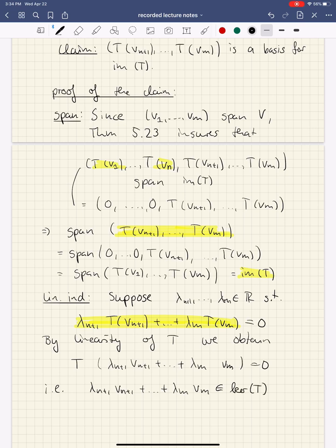Okay, now we're almost done. Now we have to use that we already picked initially a basis for the kernel. So if you find an element in the kernel, it can be written as a linear combination of any basis.